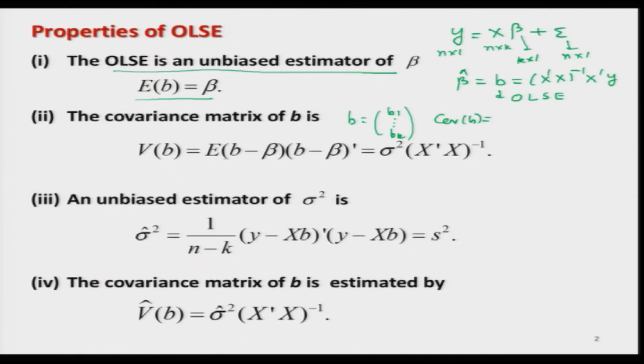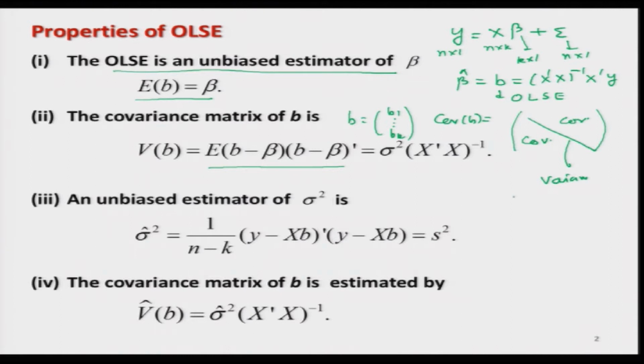the expected value of (B minus beta) into (B minus beta) transpose, and this is going to be a matrix, where the diagonal elements indicate the variances and the off-diagonal elements indicate the covariances. Right.